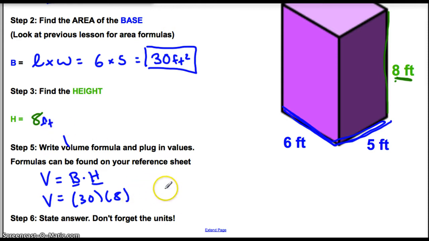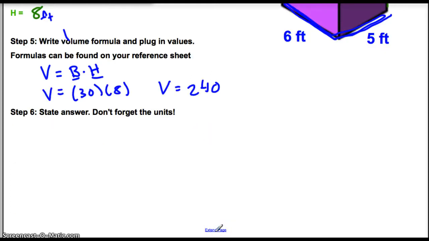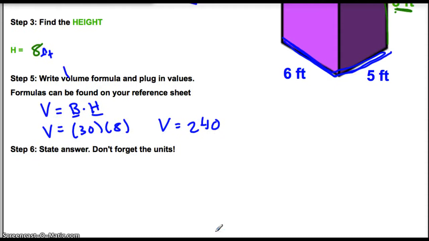Now we multiply these together and we find that the volume of this figure, how much stuff would fit into it, is equal to 240. Now we're not done. Why? Because 240 doesn't really mean anything. If I asked how much water fits in there and you said 240, I wouldn't know what you're talking about. So we have to add our units. Don't forget, we're going to write this in a full sentence.